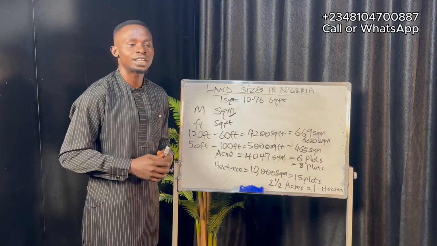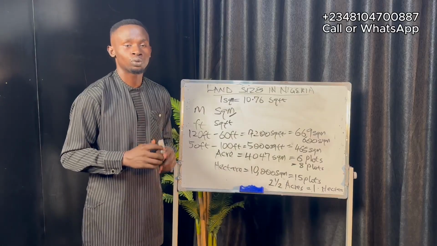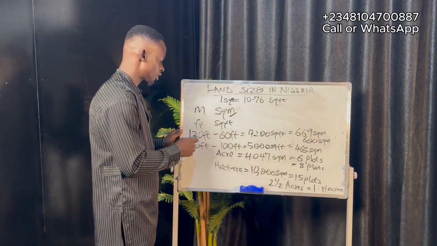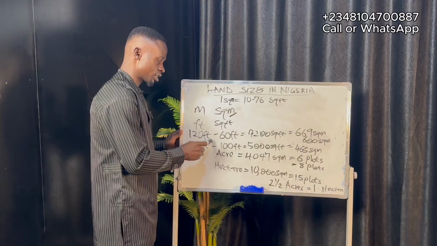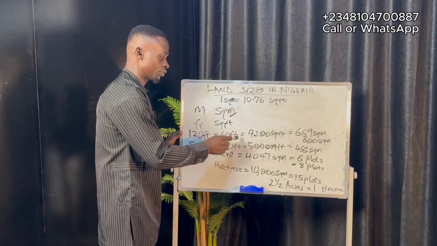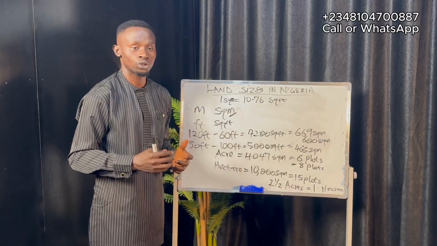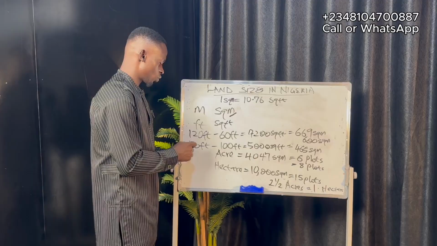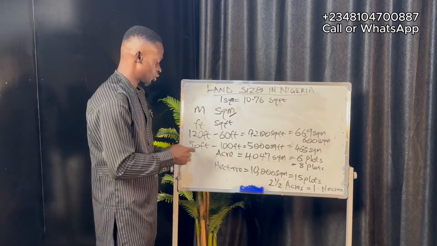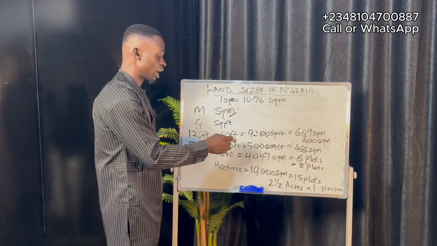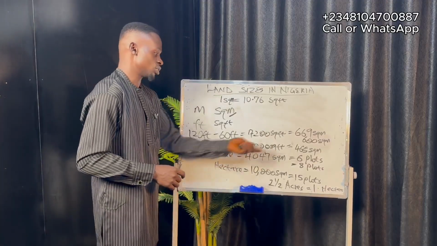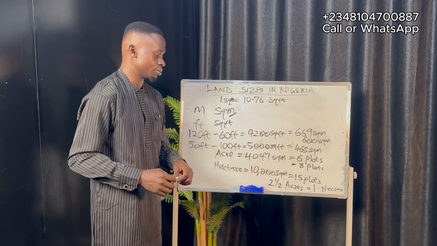There's no standard land size for a full plot of land. It varies based on the location you are buying. Lagos has 120 feet by 60 feet for a full plot of land, while right here in the Southeast, especially in Enugu, we have 50 feet by 100 feet. And we did some calculations for you to understand it better.